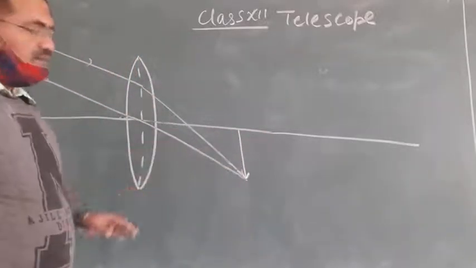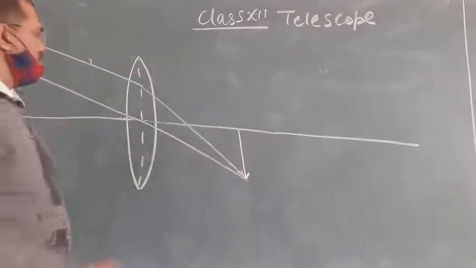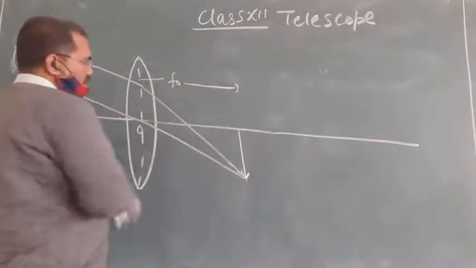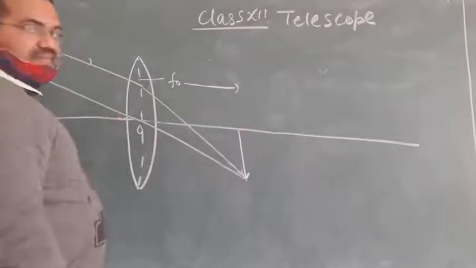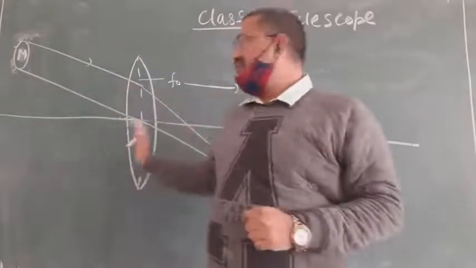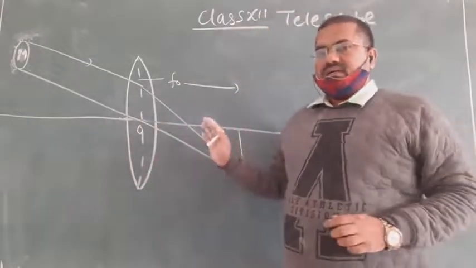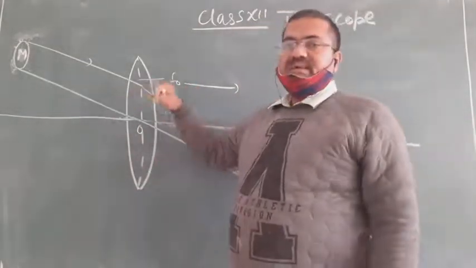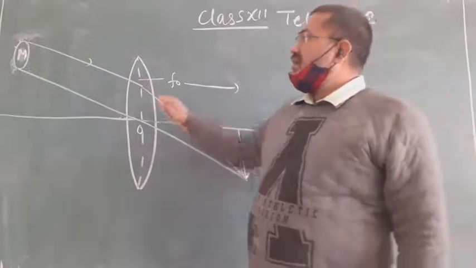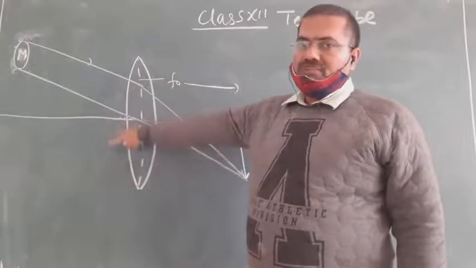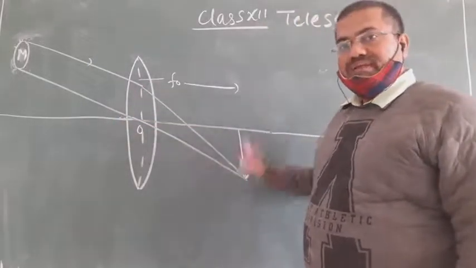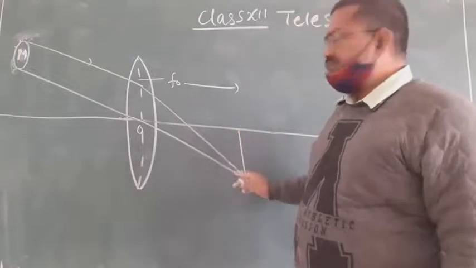The image will form at the focal plane, because the object is at infinity. When an object is kept at infinity, the image will form at the focus. If parallel rays are parallel to the principal axis, then definitely the image will form at the focus point. But if rays are parallel but not parallel to the principal axis, then the image will be formed at the focal plane. Okay?